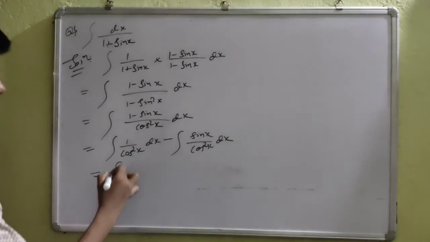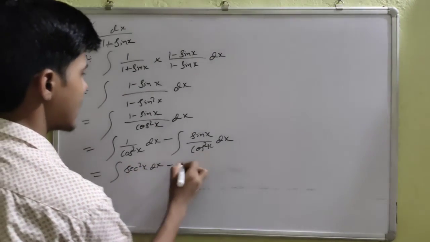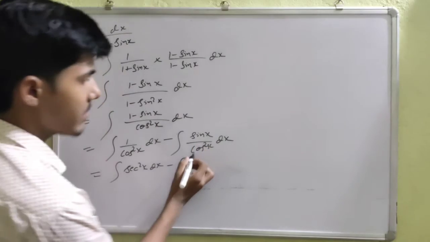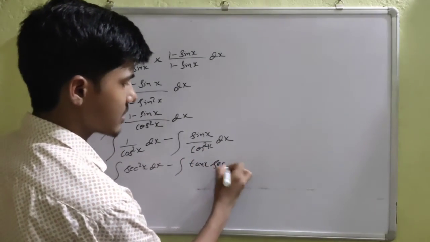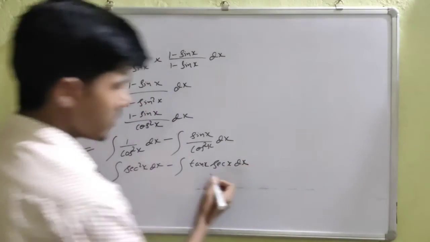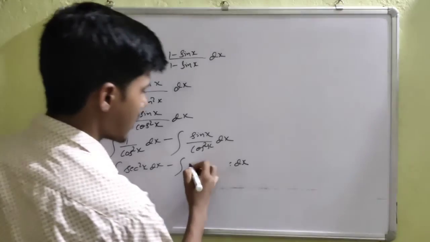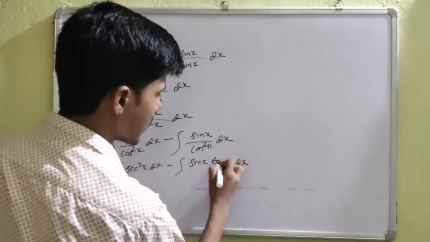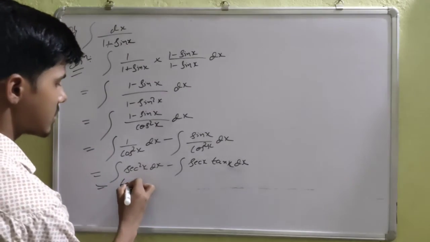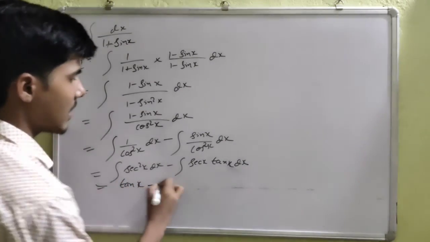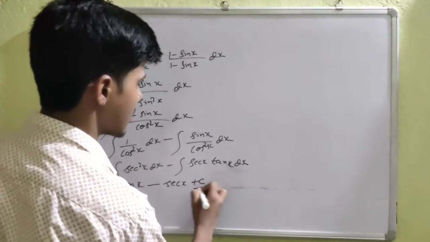We can write 1 upon cos square x as sec square x dx minus integration of sin x by cos x into 1 by cos x, that is tan x into sec x dx. We can assemble this as sec x tan x. Integration of sec square x is tan x minus integration of sec x tan x is sec x plus c.